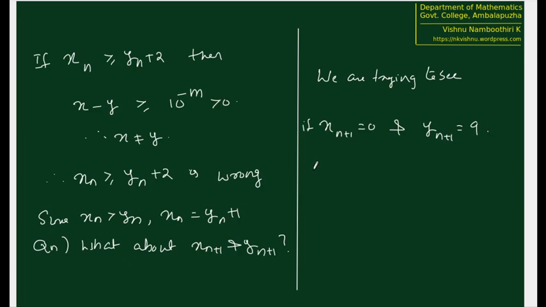Okay, suppose that this is not so. Suppose this is not true, that is, they are all decimal digits. Therefore, suppose that xn plus 1 is greater than or equal to 1, or yn plus 1 is less than or equal to 8. Suppose that this is the case. Okay, now once again we take the help of the previous.